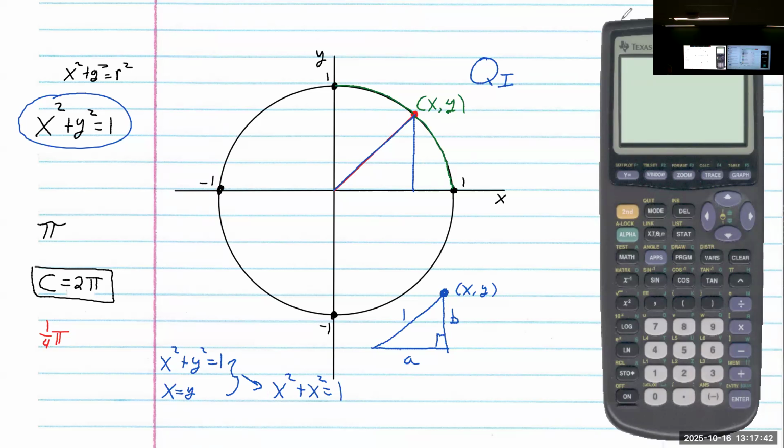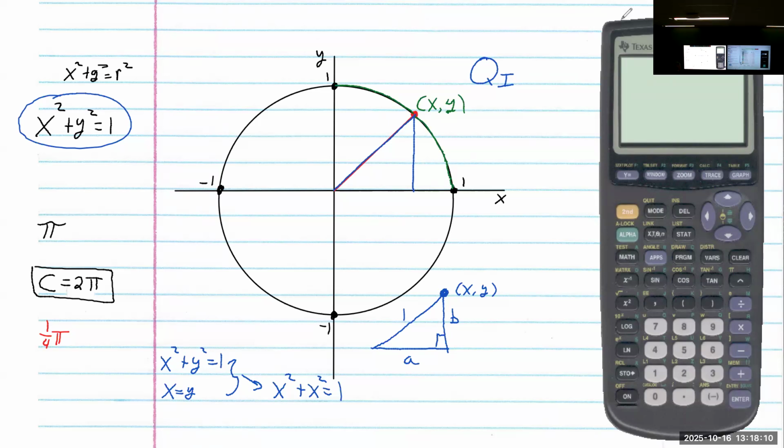Michael asks, only if radius equals 1. When we learn about the unit circle, it is of radius 1. If it was of radius 2 and we redeveloped trigonometry, it would be slightly different, a different value.